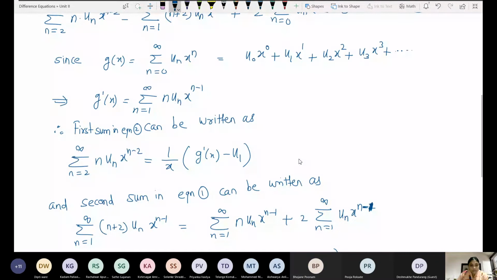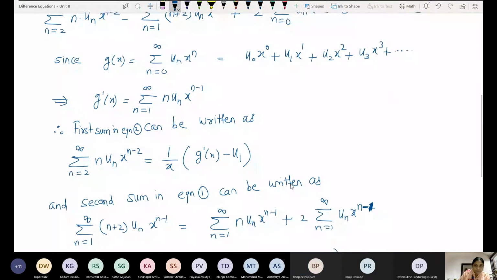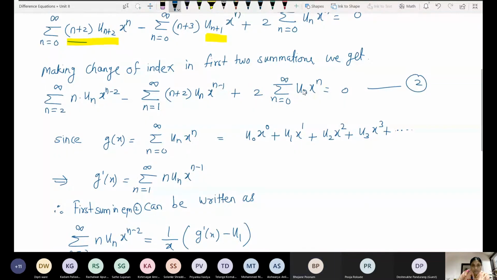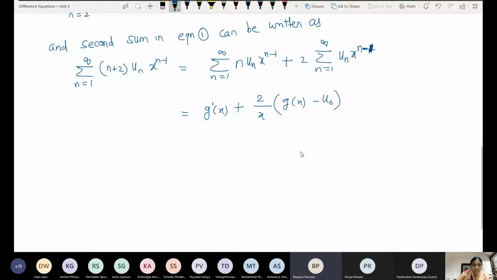So now I will write equation 2. The first and second terms we have already written, and the third term is nothing but just 2 times g of x. I will give numbers 3 and 4.